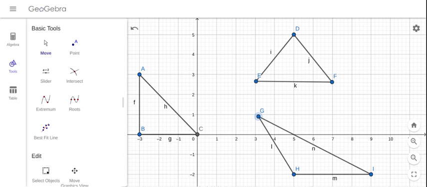That means it measures way more than the other two angles. It is 90 degrees, or more than 90 degrees, obviously. So the smaller the angle, the smaller the side opposite to it. The larger the angle, the larger the side opposite to it. Okay, so that is the direct relation between the angles of the triangle and the sides of the triangle.